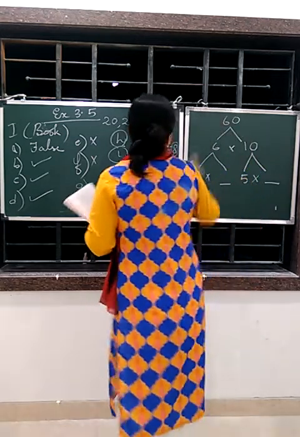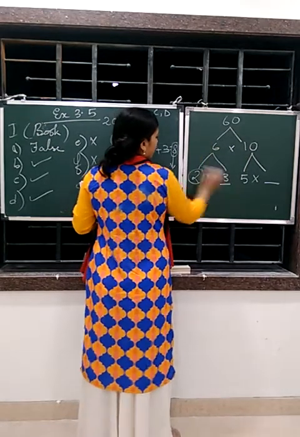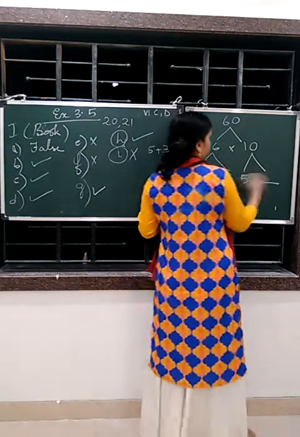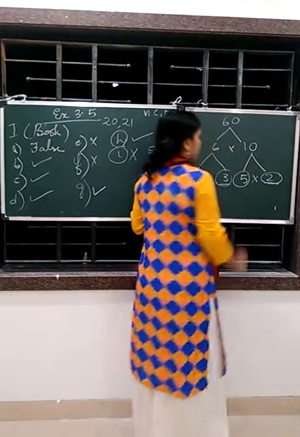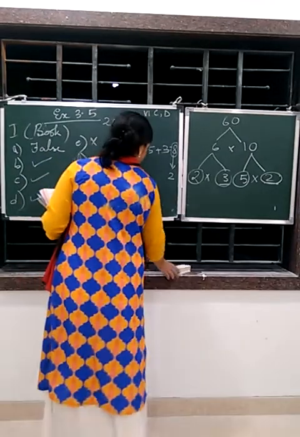So see, 6 tens are 60. Now 2 3s are 6. Yes, they are prime. So please circle it. Then 5 2s are 10. Again circle it. So this is the prime factorization of 60.